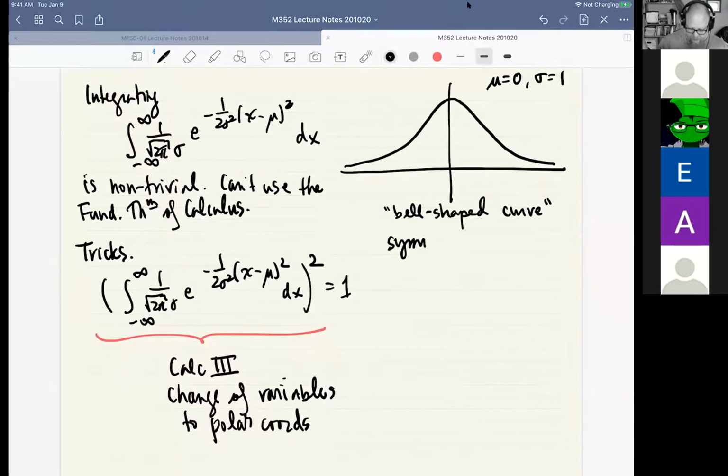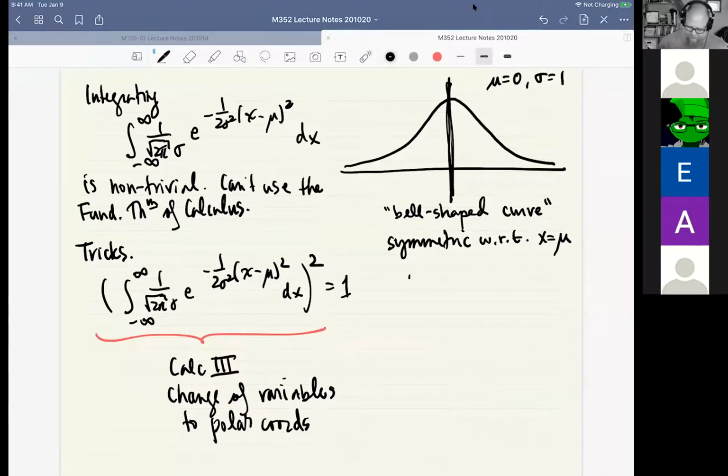It's symmetric with respect to the line x equals mu. So it's symmetric with respect to this line right here. That is, the stuff to the left of it is a mirror image of the stuff to the right of it. And that's a fact that we use a lot in this class. So the fact that this distribution is symmetric is important to us.